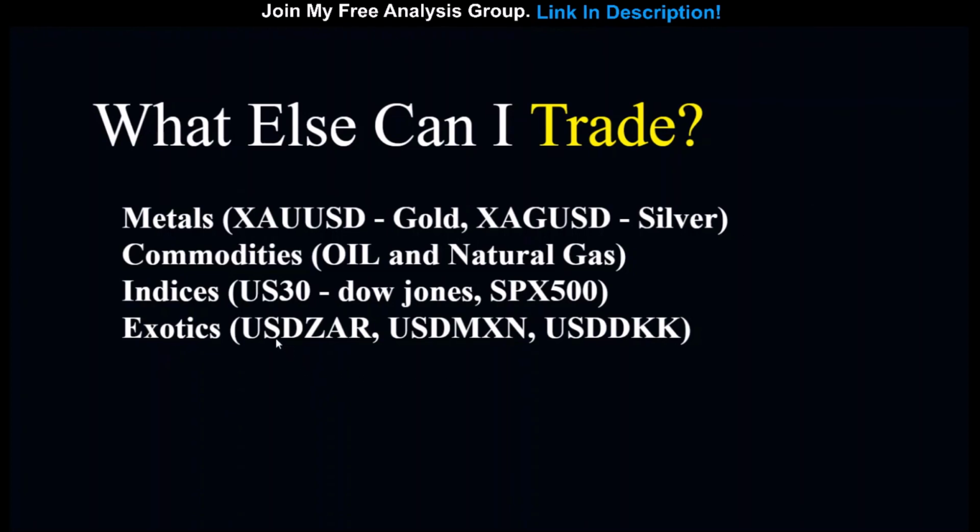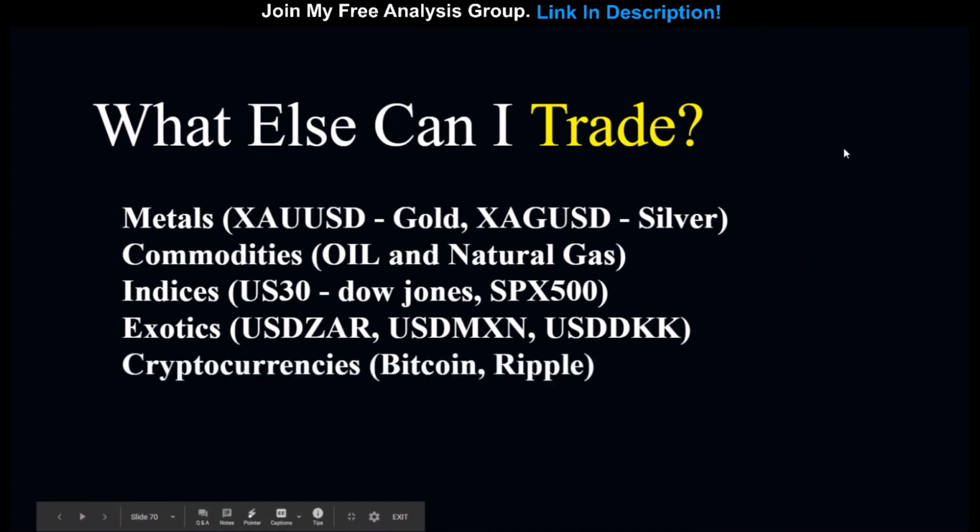So here I have USD/ZAR, ZAR standing for the South African Rand. Here I have US dollar Mexican peso, and here I have USD/DKK, DKK standing for the Danish krone. And you can also trade cryptocurrencies like Bitcoin and Ripple. So this list should give you guys an idea of how big this market is in terms of the opportunity and what is available to trade out there.